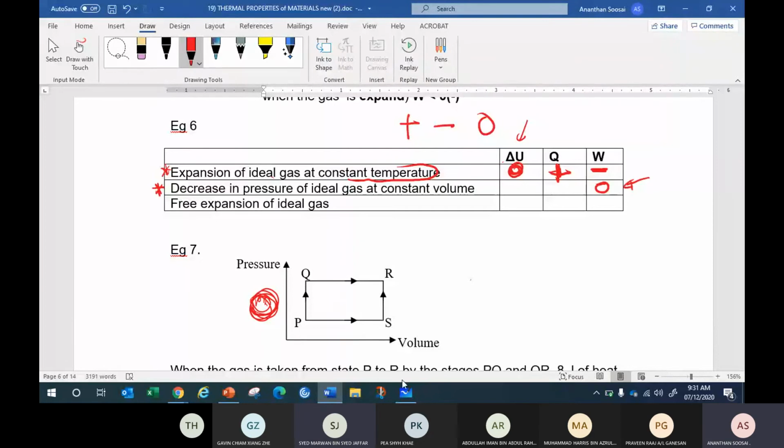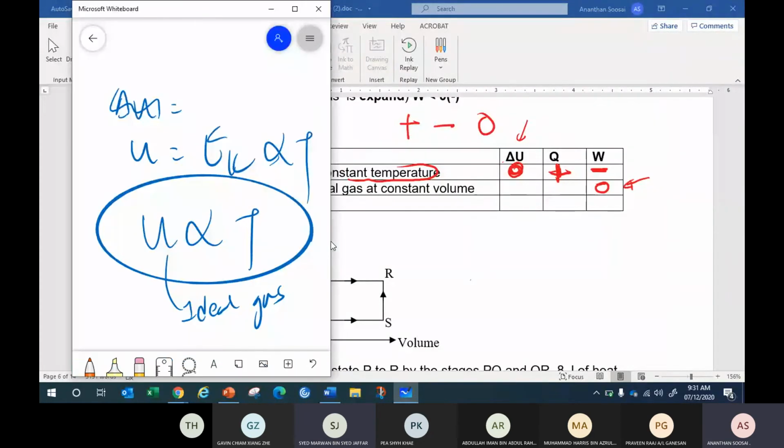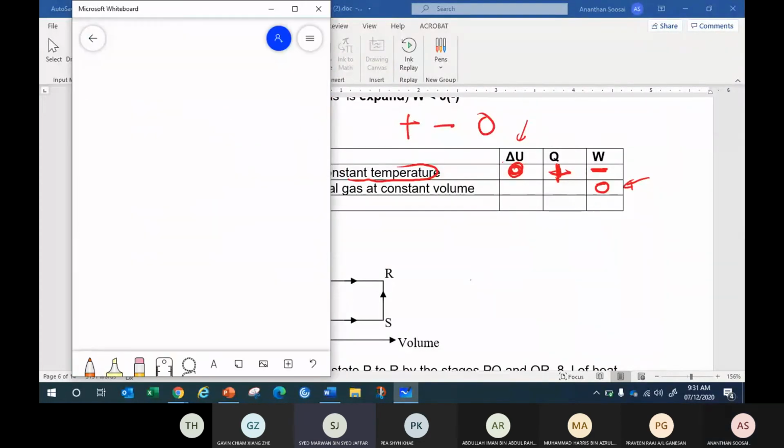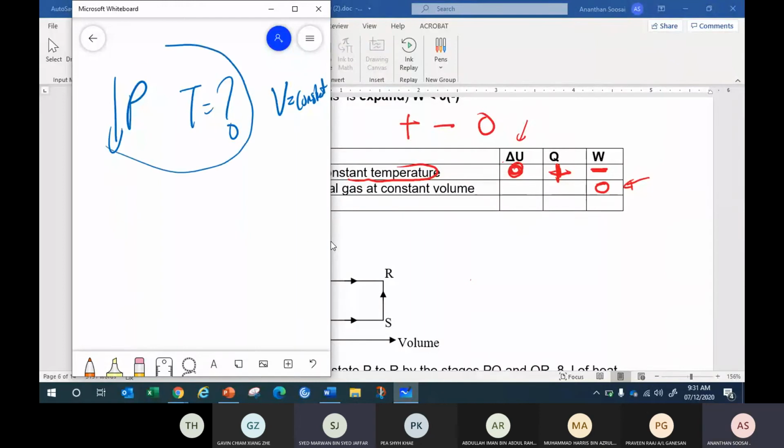How are pressure and temperature related?